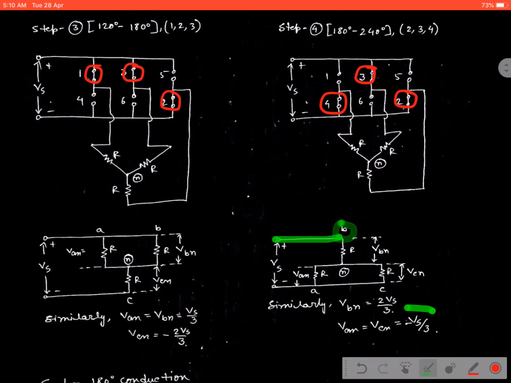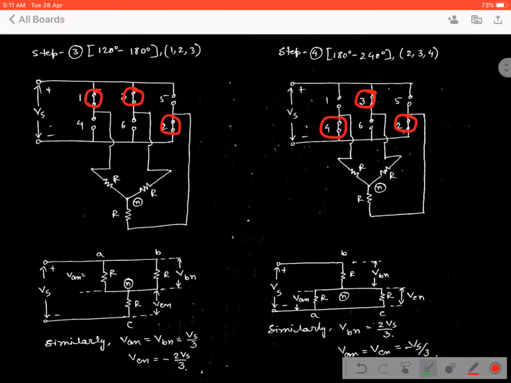So we can say the voltages across ABC with respect to N, or the phase voltages, are VAN equal to minus Vs by 3, VCN equal to minus Vs by 3, and VBN equal to 2Vs by 3.